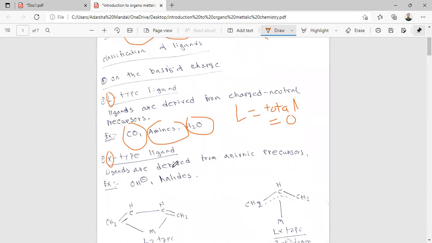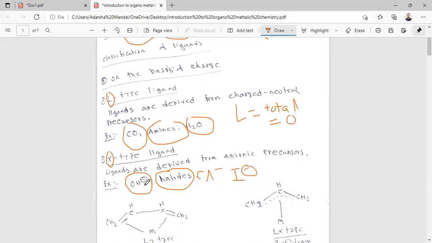And the second one is the X-type ligand. X-type ligands are ligands derived from anionic precursors. That means the X-type ligand has an overall negative charge on the molecule. Examples of X-type ligands are hydroxide, OH, or halides. Halide means Cl minus or I minus.